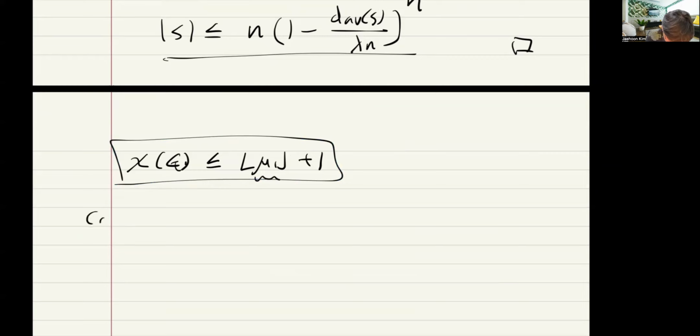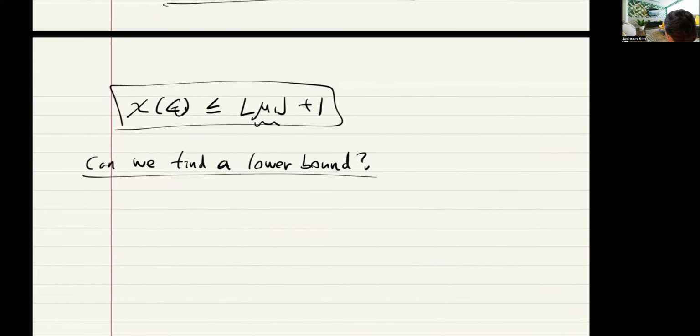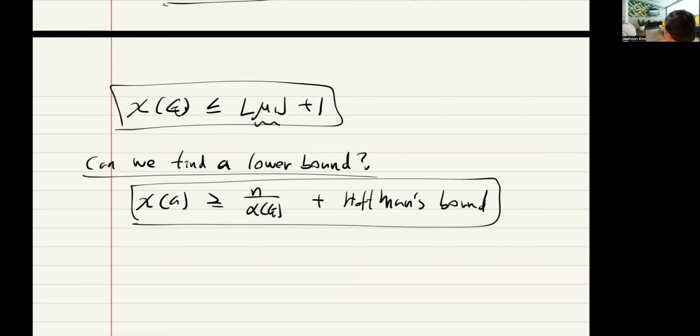And can we find the lower bound in terms of eigenvalue? That's a natural question. As I mentioned, this plus the Hoffman bound for the regular graph yields what we want.